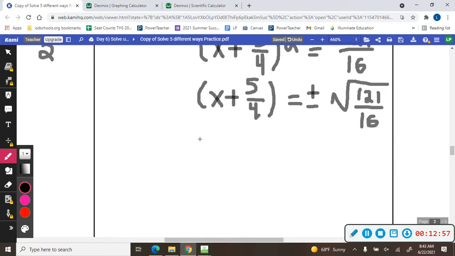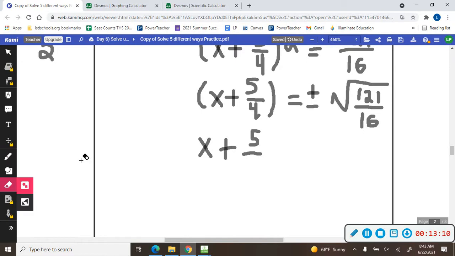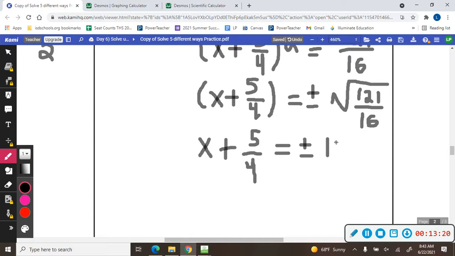I don't need the parentheses anymore, so I get x plus 5/4 is equal to, and the square root of 121 is 11. The square root of 16 is 4.